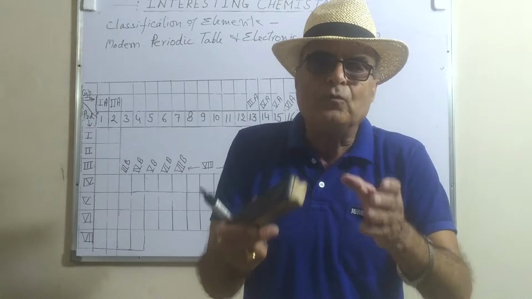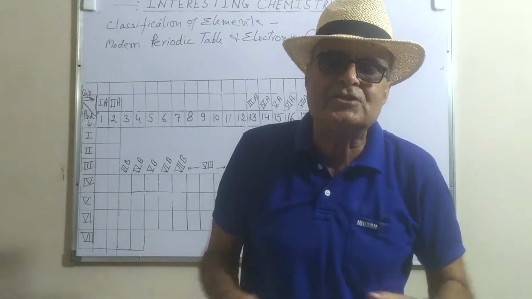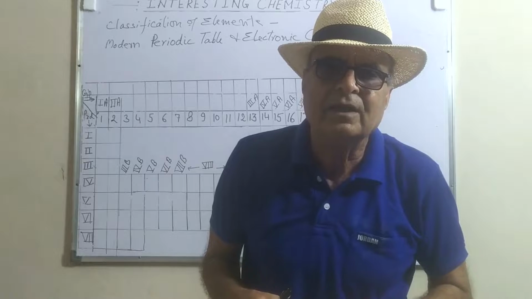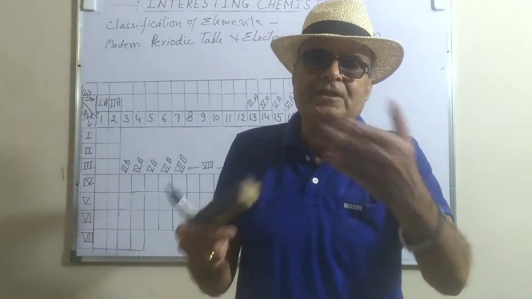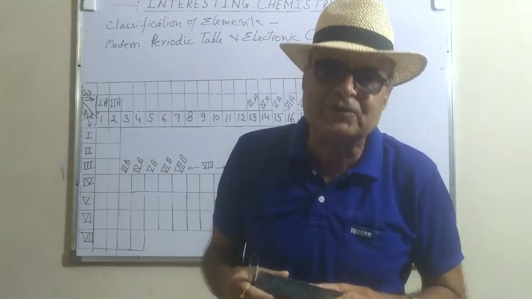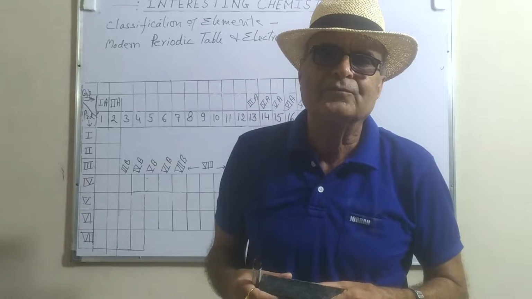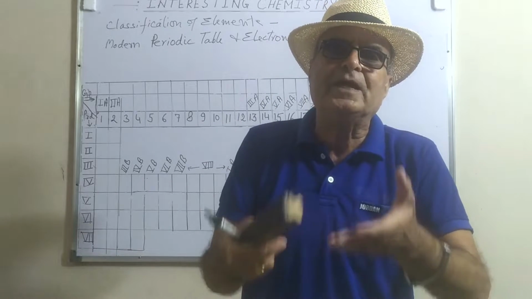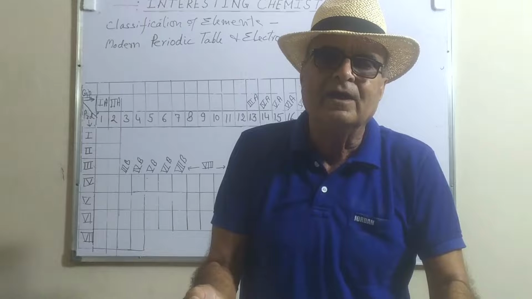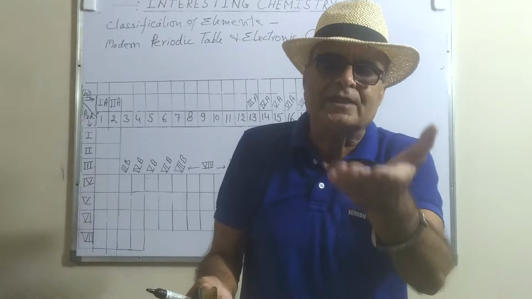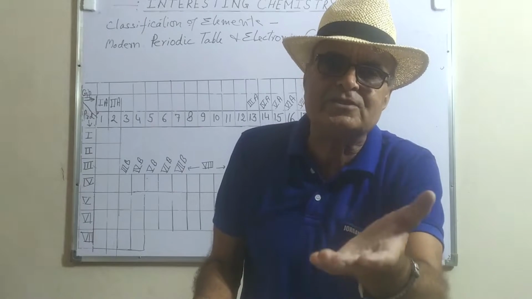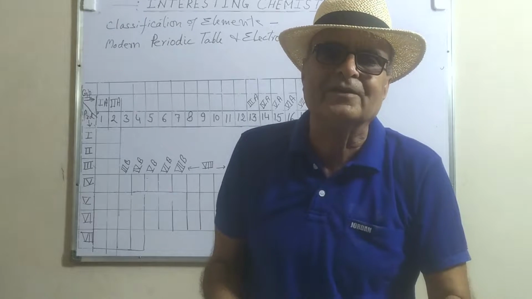The number of electrons in a valence shell depends upon the total number of electrons in the atom, which is the atomic number.